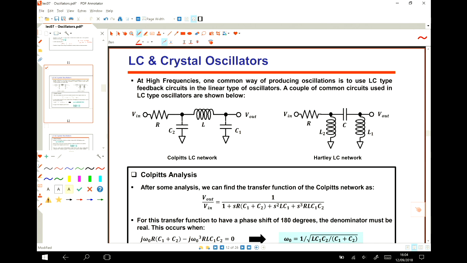I mean, the feedback network that we use is kind of this circuit, or we can simply use a crystal whose model is something between these two. The first one that has 1 L and 2 C, we call Colpitts, and the second one we call Hartley. There is no difference between these two. You can pick any of them to make an LC oscillator. They are almost the same.